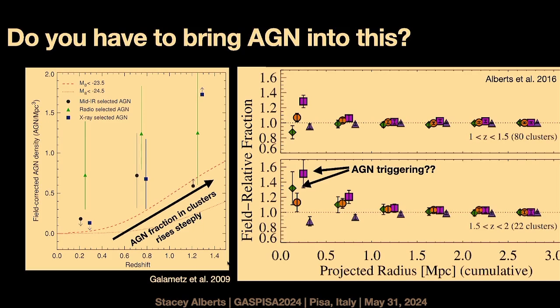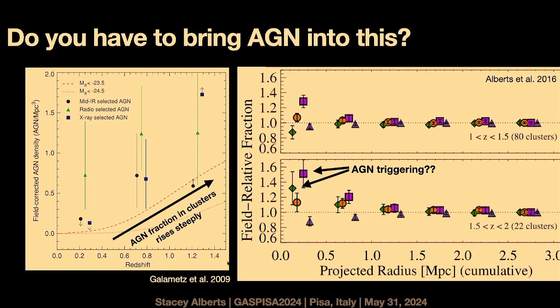And then I think we have a little bit of, this is very tentative evidence, but we looked at 22 clusters between redshifts 1.5 and 2. We identified AGN using SED fitting, so this should be able to get some lightly obscured AGN as well. And then we normalized it at large radii and saw what the trend is.